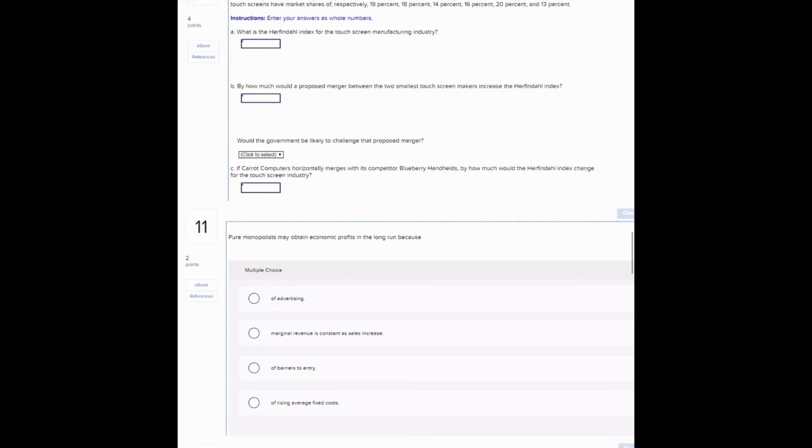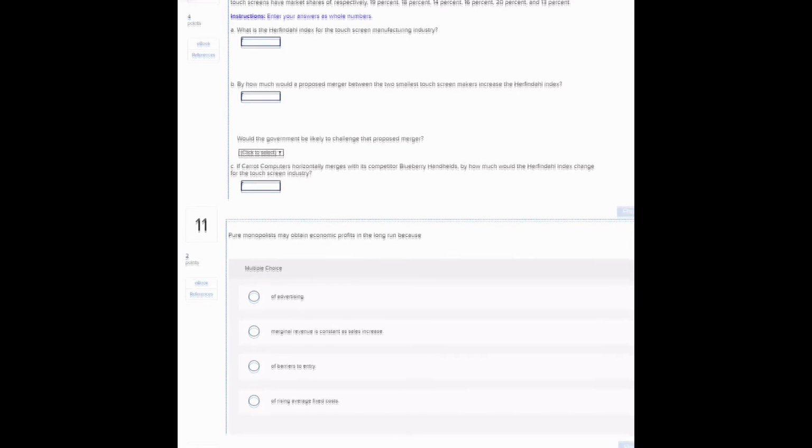The way that we calculate the Herfindahl Index is we take the market shares squared to get a total value. So we're going to take 19% squared plus 18% squared plus 14 plus 16 plus 20 plus 13, each squared. We'll add those values together, and that's going to give us an index value of 1706.